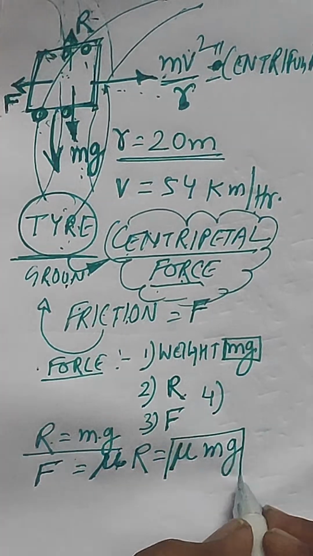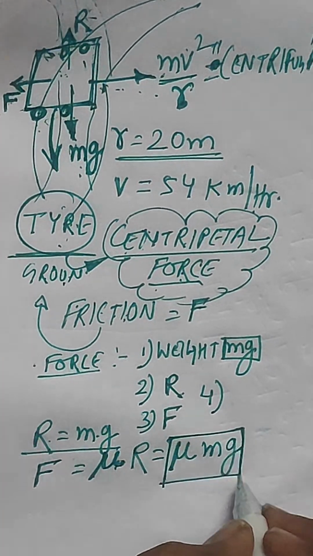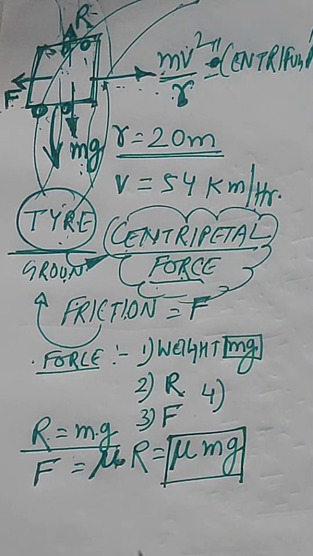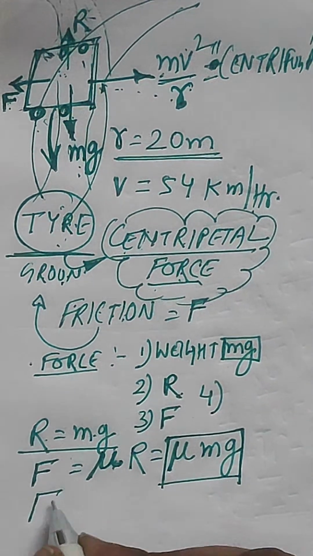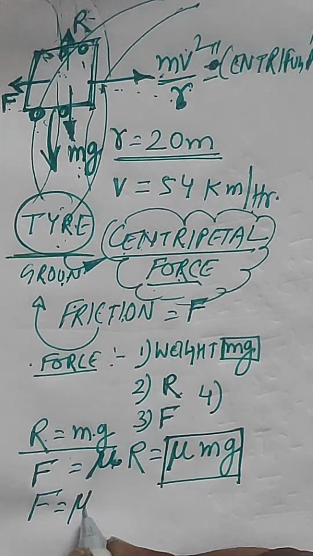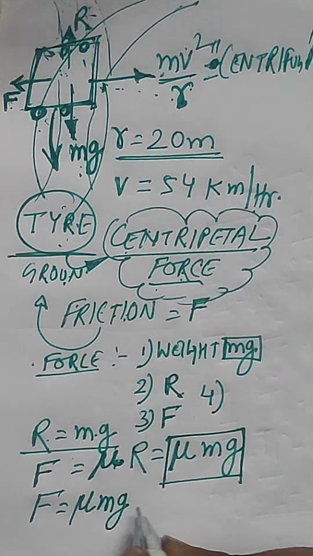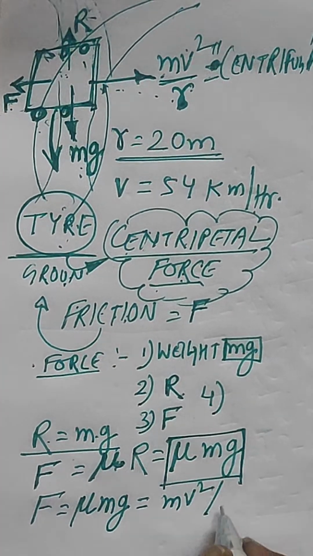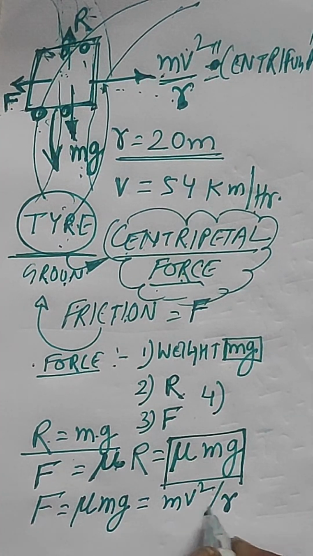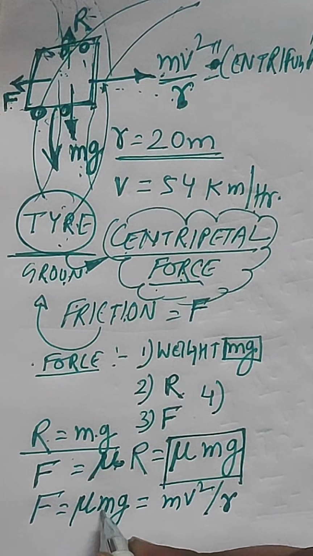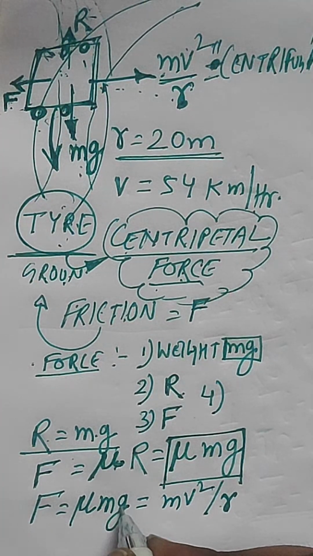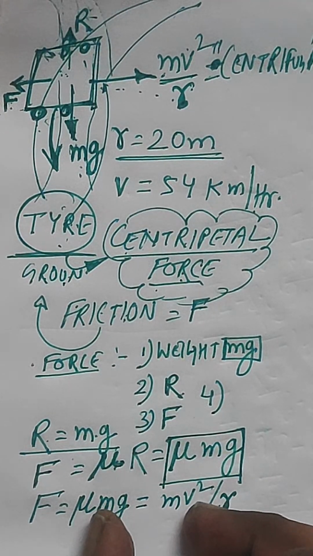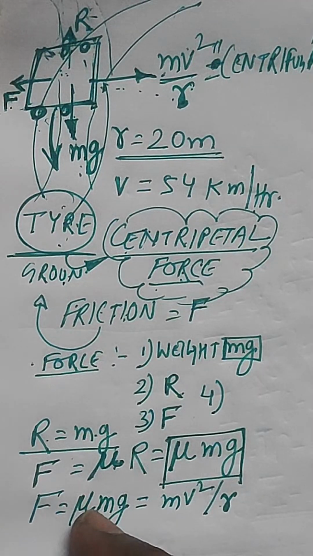For no slipping, this F should be equal to mv square by r, right? That means F equal to mu mg should be equal to mv square by r. This centrifugal force should be counterbalanced by this frictional force, right? So this will happen at this condition. We need to find the value of mu.